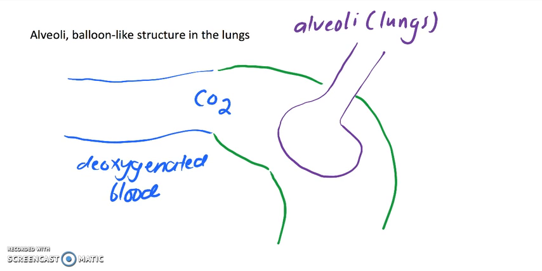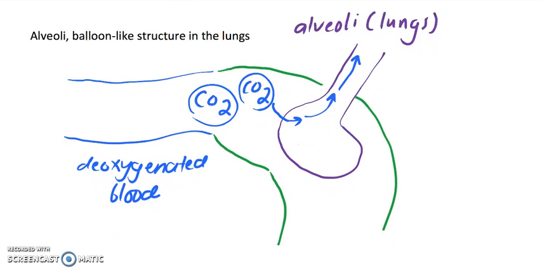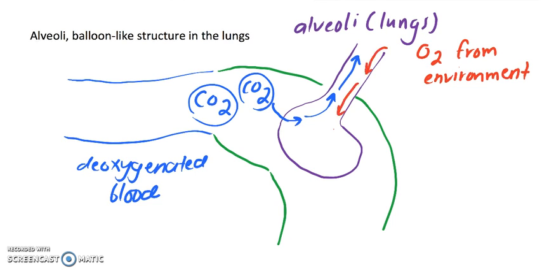So we have our CO2 molecules. They can diffuse and they exit right here, and then it would be up here just like that. And this is also where we can pick up O2 from the environment, and then it diffuses across.